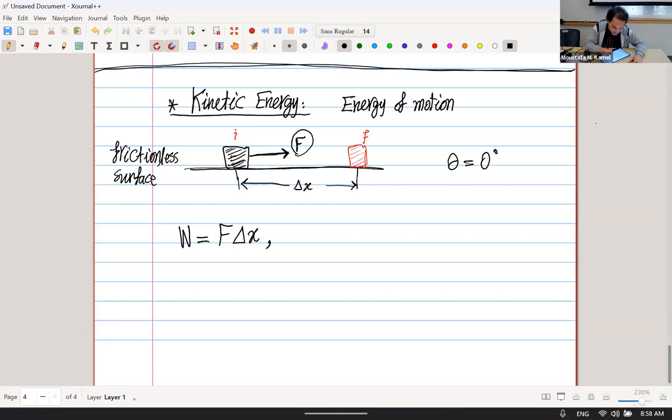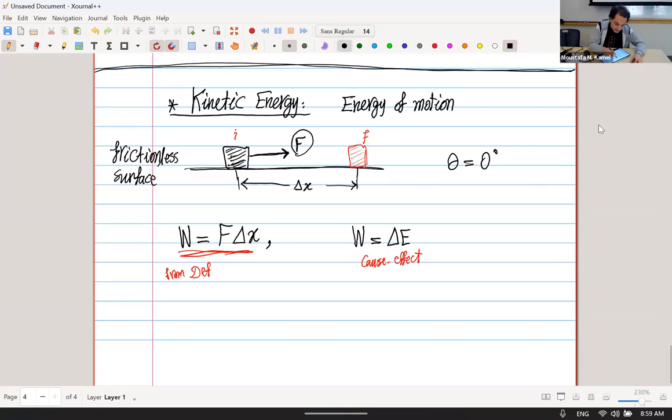And we said there is a cause and effect relationship between work and energy, that the work done equals the change in energy, right? So this is the definition of work. This is from the definition. And this is from the cause and effect relationship, okay?